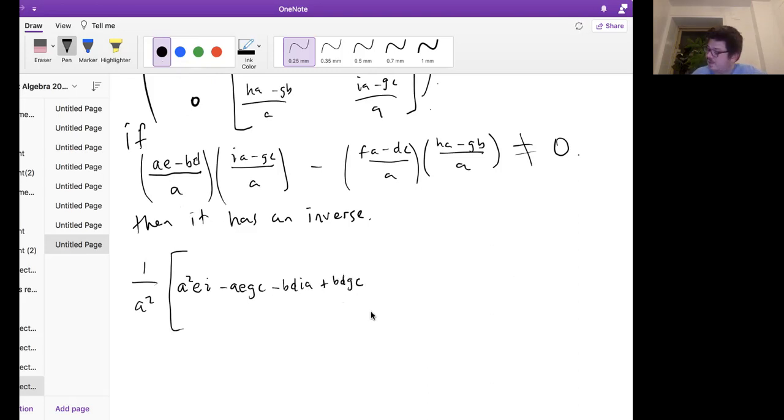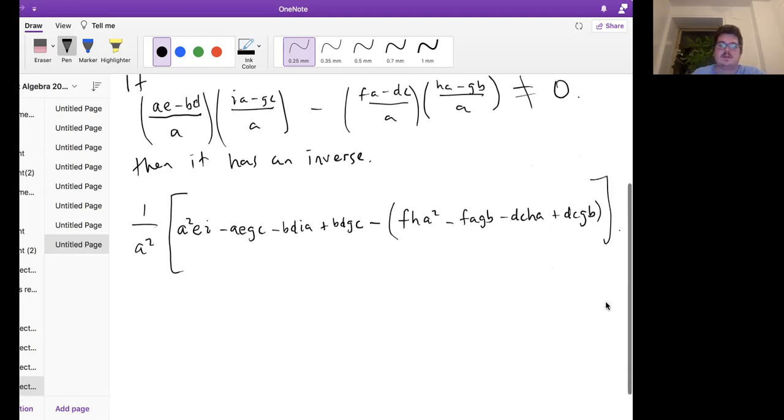This looks complicated, but I swear we can make this nicer later. Minus FHA squared minus FAGB minus DCHA plus DCGB.